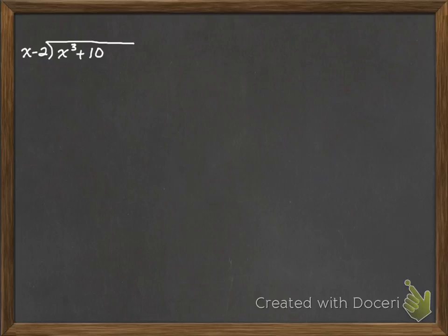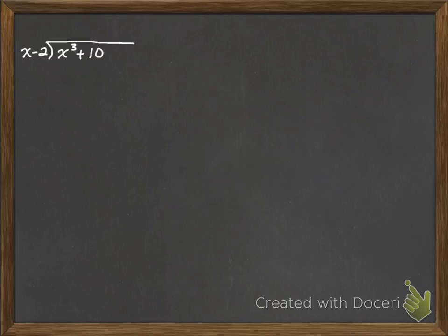And the last problem here, something I haven't mentioned yet is when you are dividing, you must have all descending powers of your exponent in the problem. So if our largest exponent here is 3, then we need to have an x squared, we need to have an x to the first, and then we have our constant here that's going to go on the end.